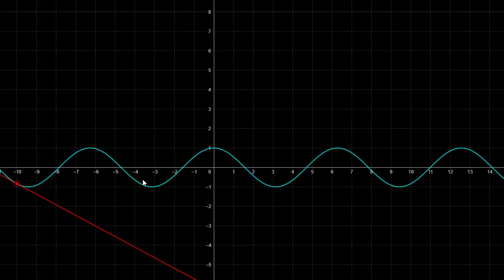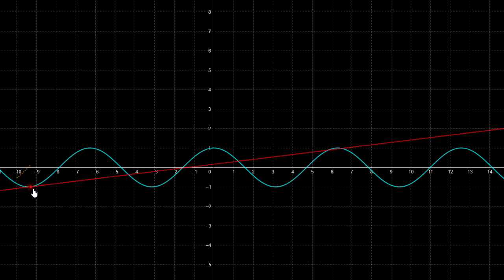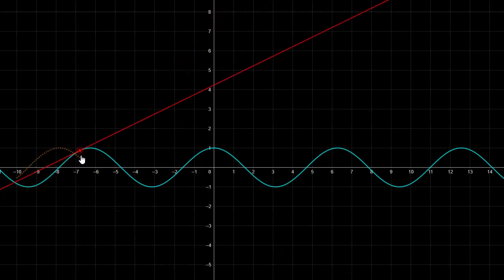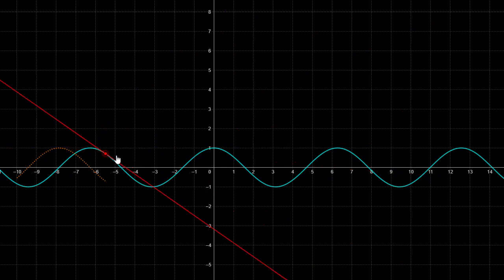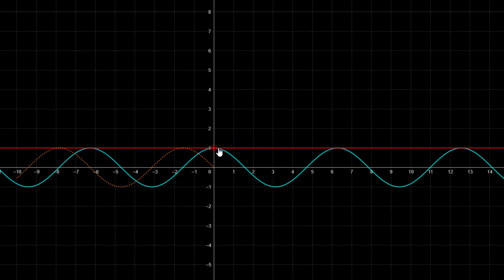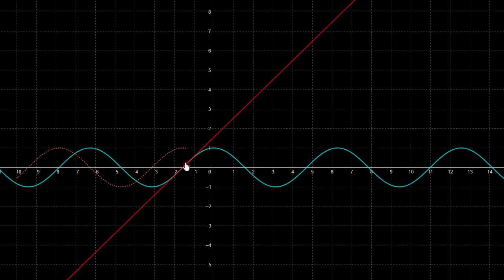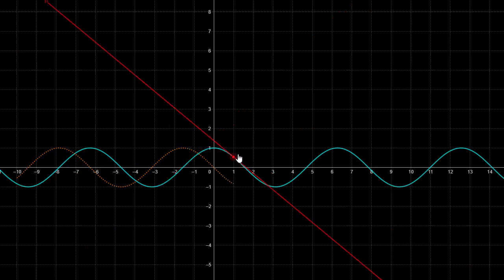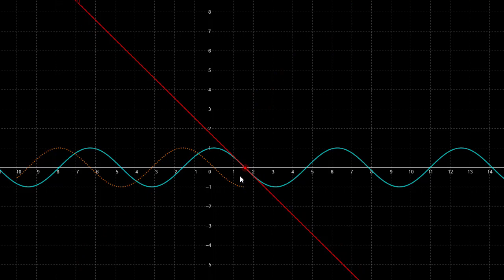Okay, if we look at the graph, here's the graph of cosine in blue. And as we move our point around, again, whenever we have a maximum, that's when the slope is 0. Whenever cosine is 0, the slope is either 1 or negative 1.